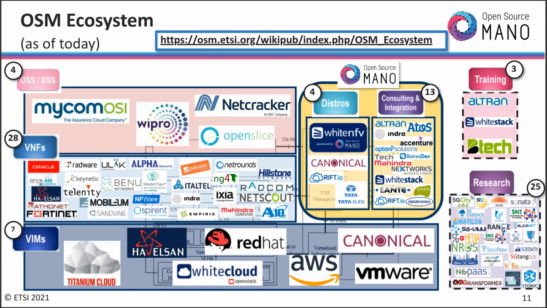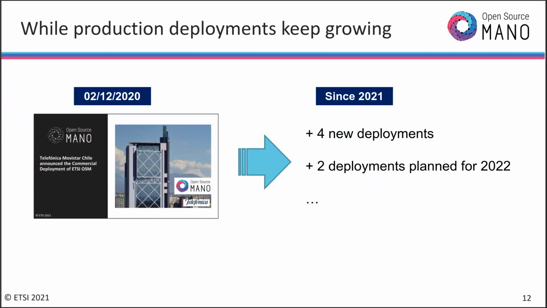Okay, so the good thing is that production deployments keep growing in OSM. In our last webinar last year, we announced that one significant public production deployment had happened in South America. Since then, 4 new deployments have been incorporated, and 2 more are awarded and planned for 2022, plus others that are not on the radar of the community.